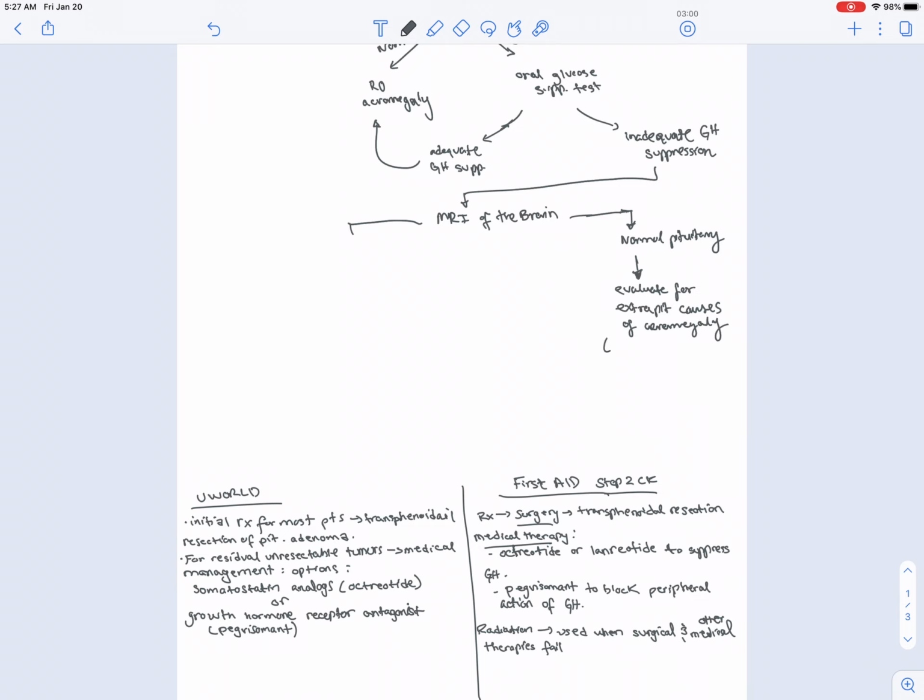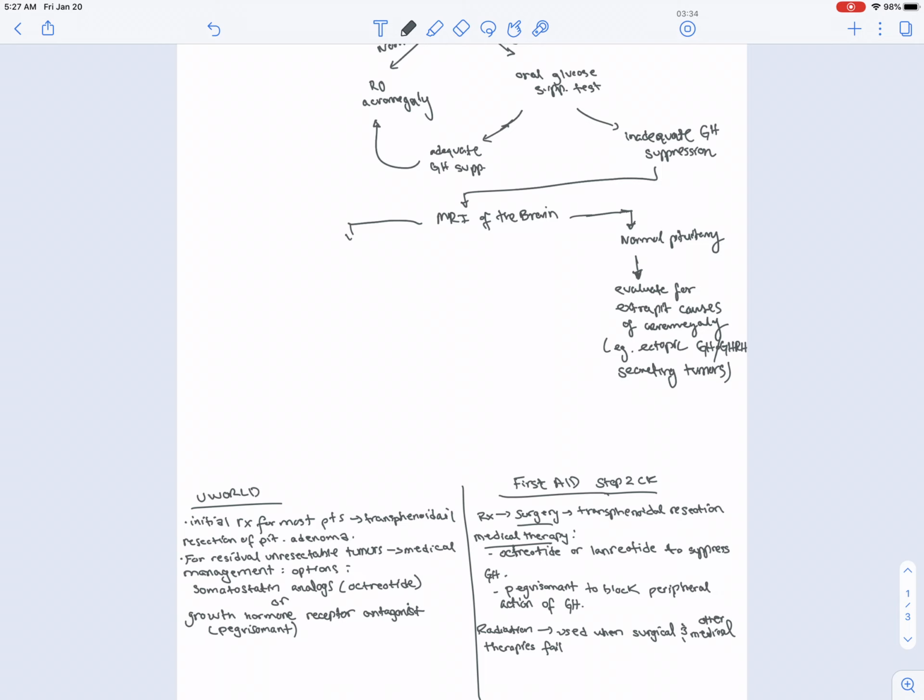And remember, examples of this is ectopic growth hormone or growth hormone releasing hormone secreting tumors. Okay, that's if you have a normal pituitary gland after you do the MRI of the brain.